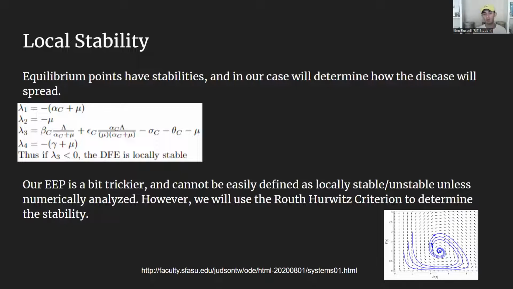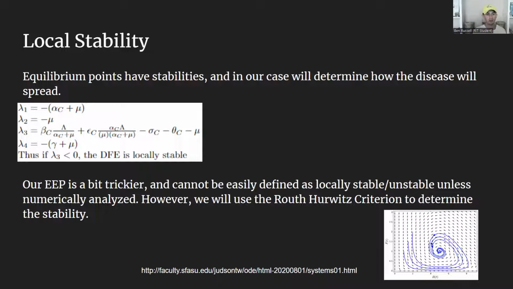The one that we really care about is the third one, because if we do a little bit of algebra, we'll see that R naught minus 1 is what we end up getting out of that third one. Which means that if our reproduction number is less than 1, the disease-free equilibrium is locally stable, which makes sense because there shouldn't be any people getting infected when there's no COVID in general.